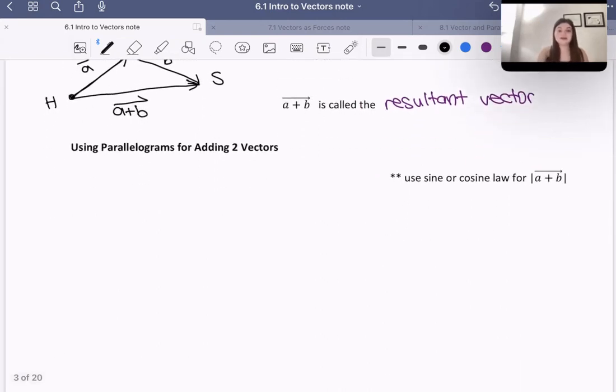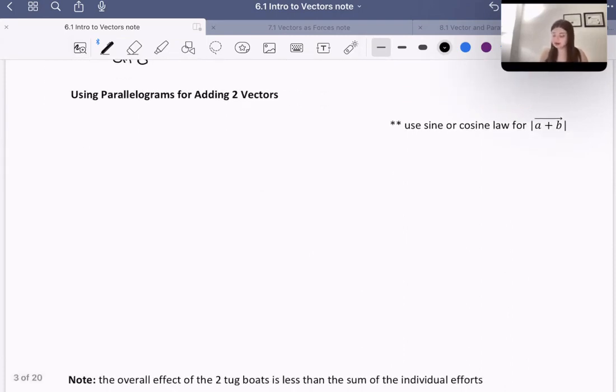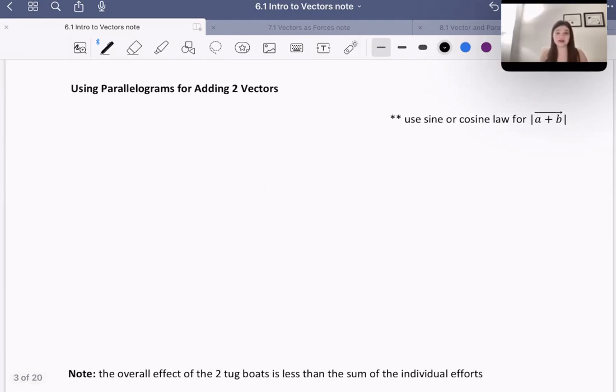All right, let's also talk about how we can use parallelograms for adding two vectors. And we can actually incorporate the sine law or the cosine law to find our resultant vector in these situations. Without going into too much detail, I'm going to give an example here. Let's say I have a parallelogram, right?